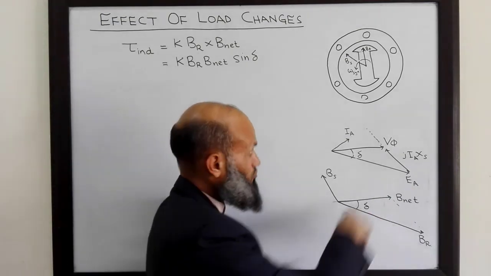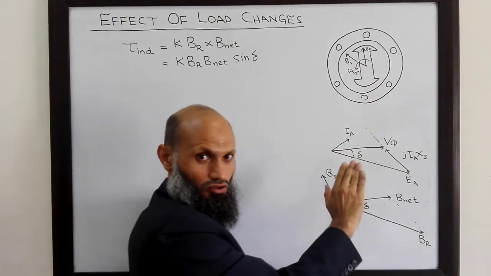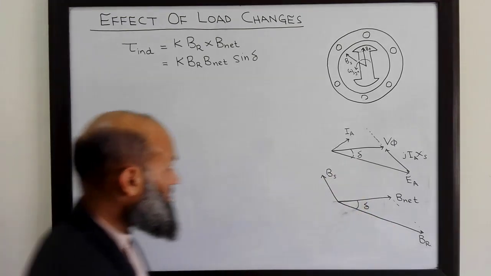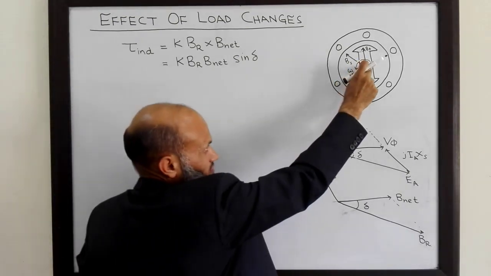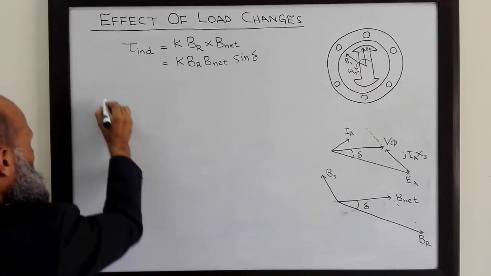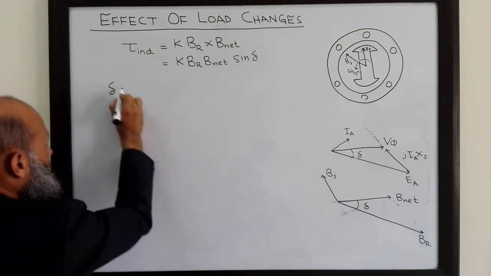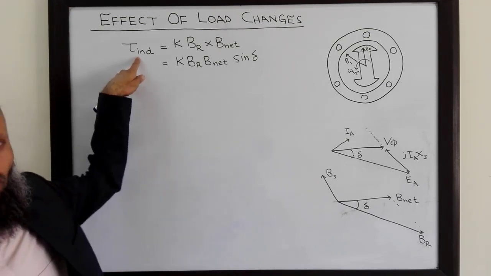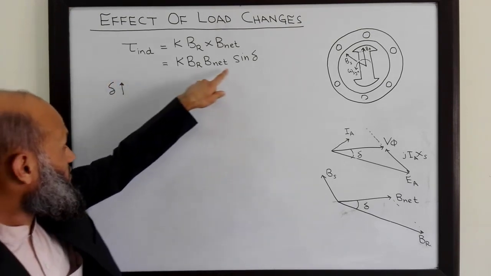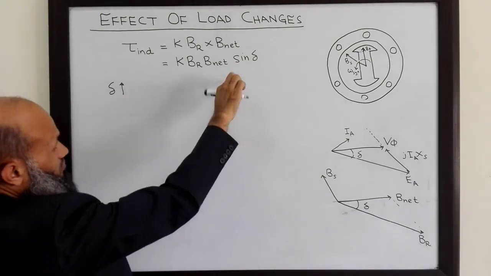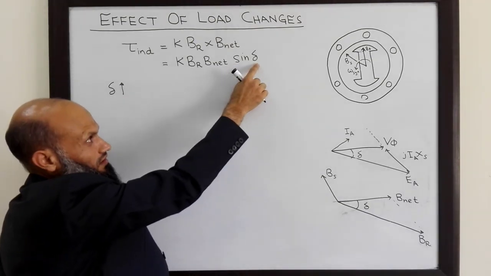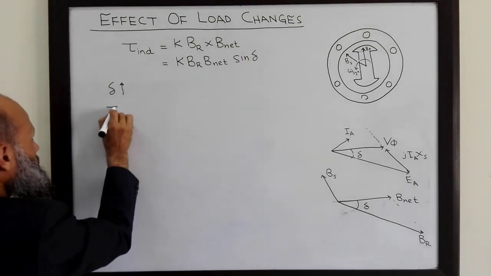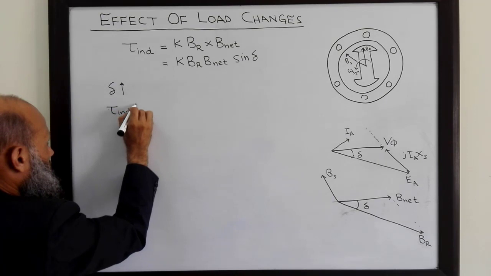Br is due to this rotor, and since the rotor has slowed down, Br will further lag behind B net. That is, when load torque is increased, delta, the torque angle, will also increase, and an increase in the torque angle will in turn result in an increase in induced torque. Induced torque depends upon sine of delta. As delta is increased, sine of delta will increase, and hence induced torque will also increase.